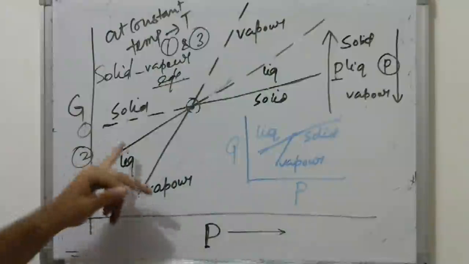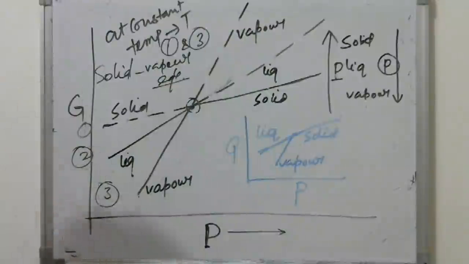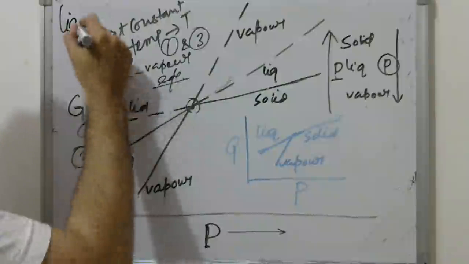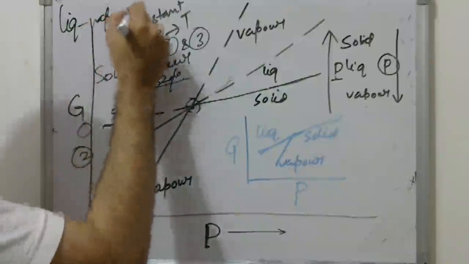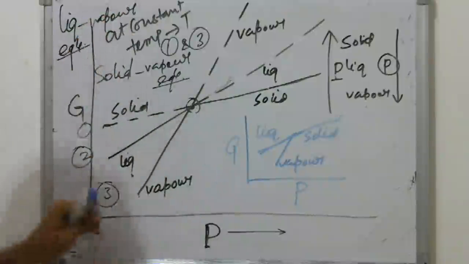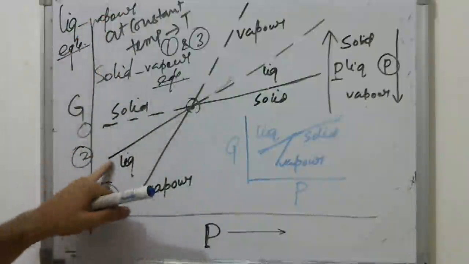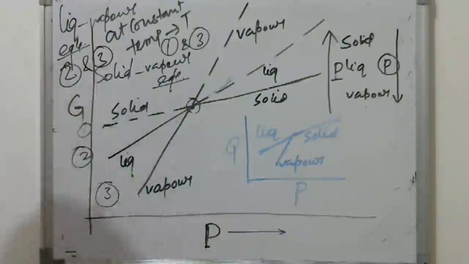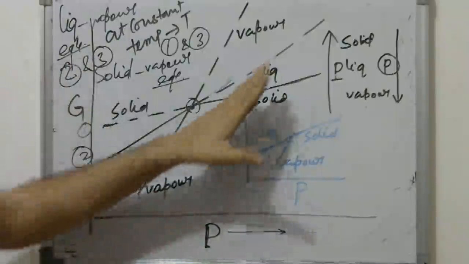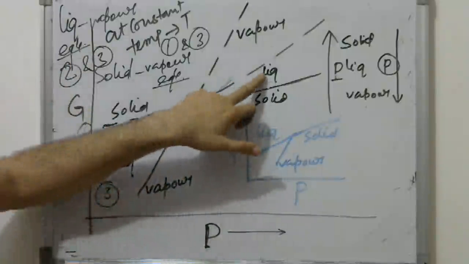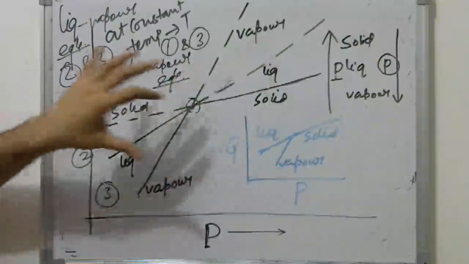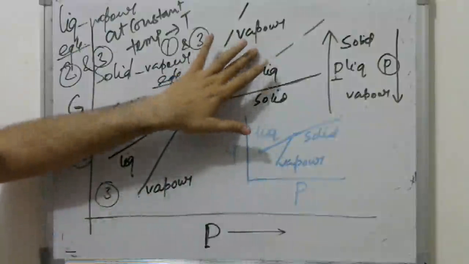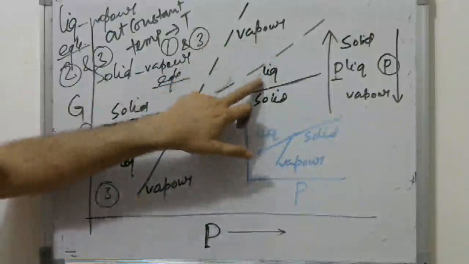Similarly, if you talk about a liquid-vapor equilibrium, we'll consider lines 2 and 3. Here, at a higher pressure, you see liquid is more stable than vapor. So if you are talking about a liquid-vapor equilibrium, liquid is more stable than the vapor.